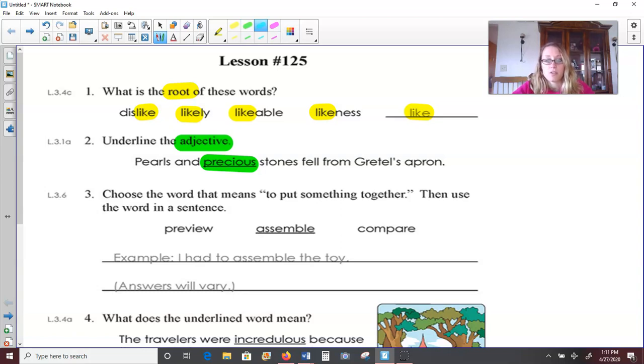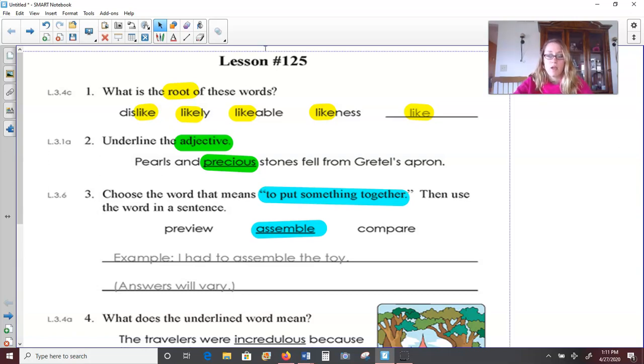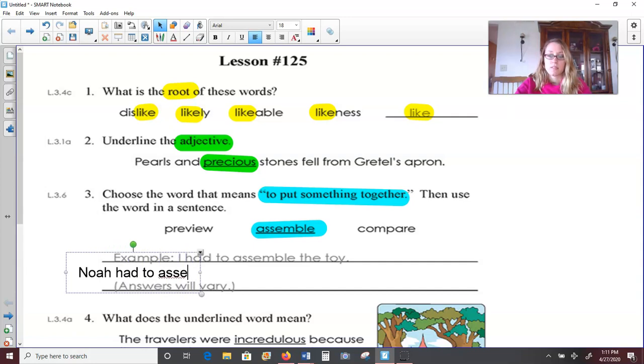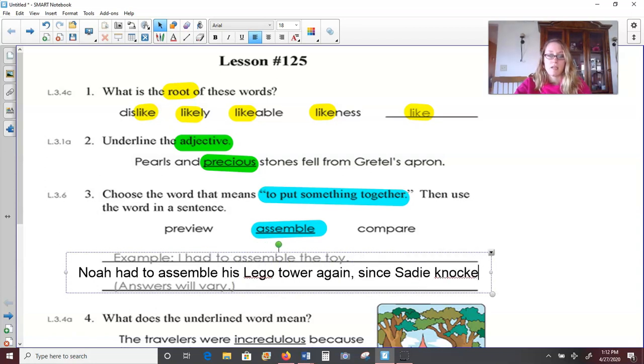On number 3, choose the word that means to put something together and then use it in a sentence. Preview, assemble, or compare. Well, assemble actually means to put something together. So to use it in a sentence, they said, I had to assemble the toy. I might say, Noah had to assemble his Lego tower again since Sadie knocked it over.